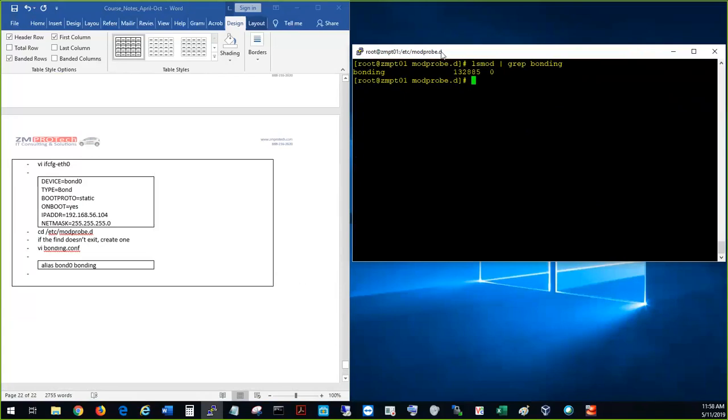Okay, so bonding is active now. The bonding is active. So I'm feeling very good. When we restart the network services, this is going to work perfectly.